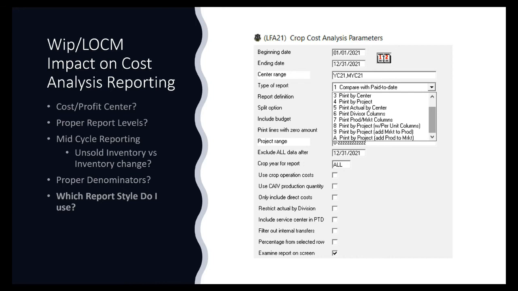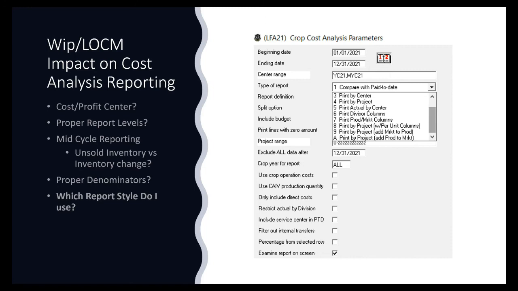Those WIP lines may have a different value. If they're sitting in your WIP inventory, they're not going to show up as an expense. The same holds true on cost analysis reports. But there's lots of questions on how to run crop or livestock cost analysis. How do we match report levels?